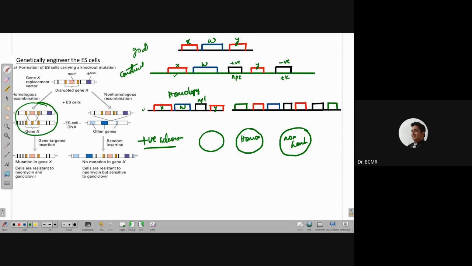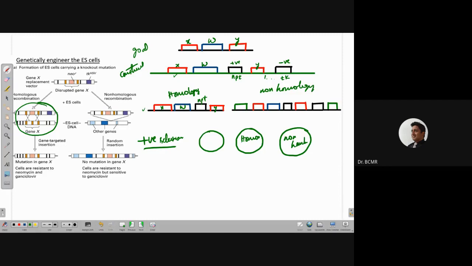So these two will have a homologous recombination, and also Y and Y. So you'll have the integration of W along with NPT for positive selection. Nothing else after Y is incorporated. Whereas through non-homologous means, you have X. Sorry, this is not X, right? Non-homologous. Sorry.